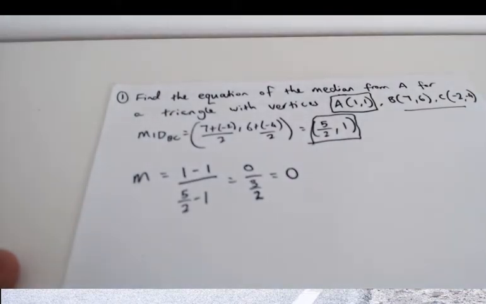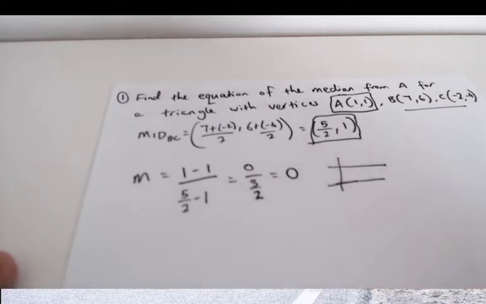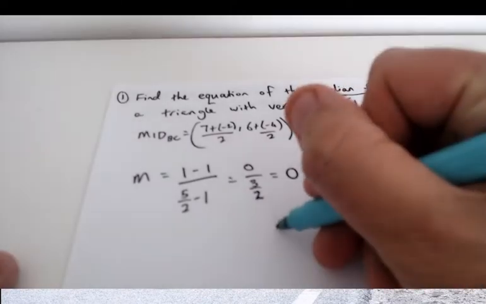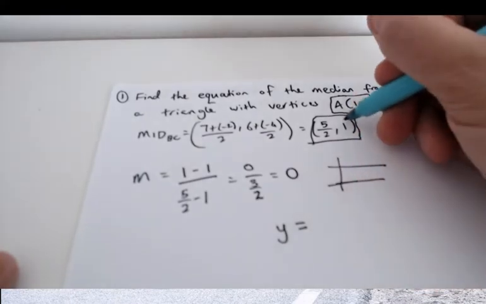You have a gradient of 0. I've deliberately thrown this one in to see if you're on the ball. What does that mean about the line that you have? It's telling you it's either horizontal or it's vertical. If you have a gradient of 0, it means it goes straight across. It is a horizontal line, and all horizontal lines have an equation y equals, and then the y coordinate.